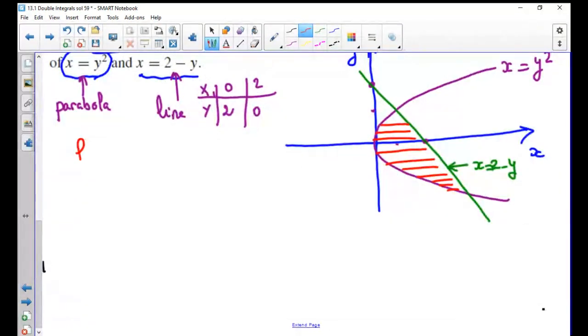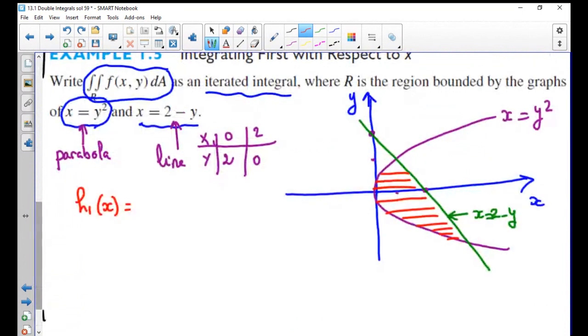What is h1? y squared. Yes, exactly. So we are going from x equal to y squared here to the line x equal, so h2 is 2 minus y.